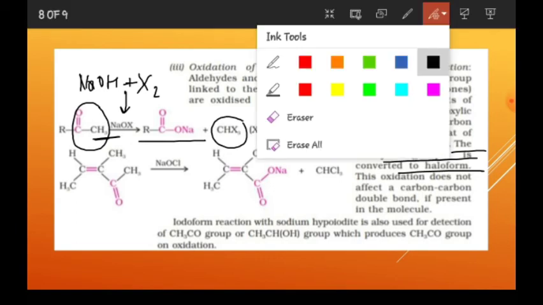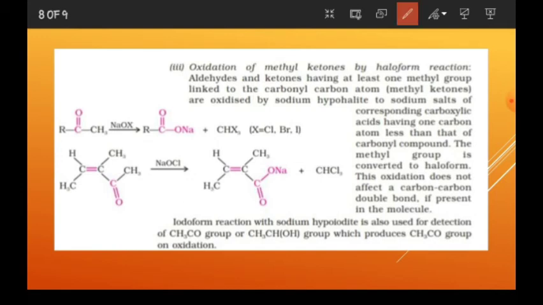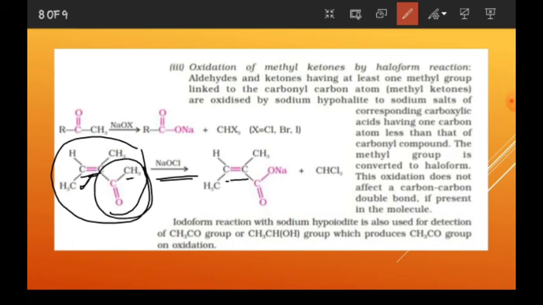See the next point. It says it does not affect the double bond. If this is a compound in which a double bond is present, but we are doing this haloform test, this double bond will remain as it is. This portion will change. This CH3 will change into CHCl3, and here the sodium salt will be formed.